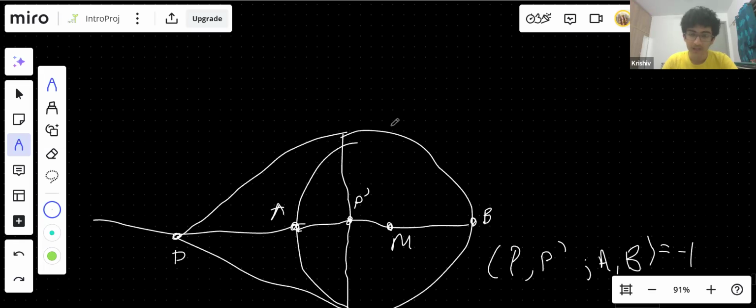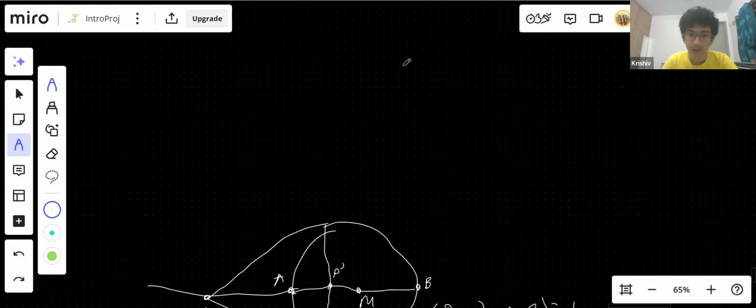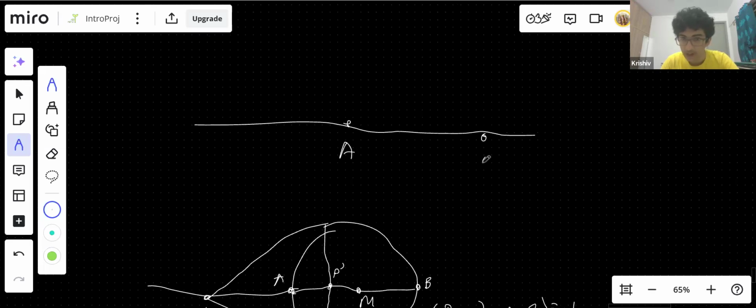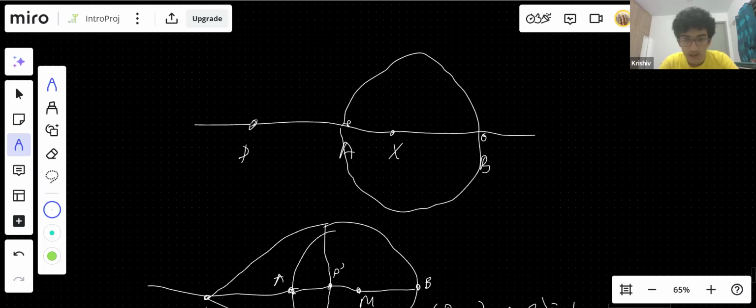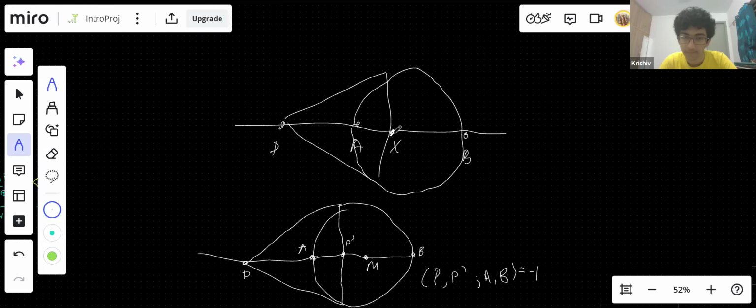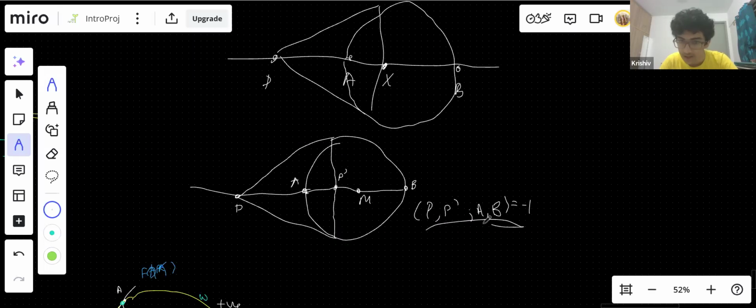So we have this line, we have A and B and P, and suppose I want to find the point X such that ABPX is -1. All I have to do is take the circle with diameter AB and take the inverse, and X will be the inverse. And that is the point such that PP dash AB is -1.